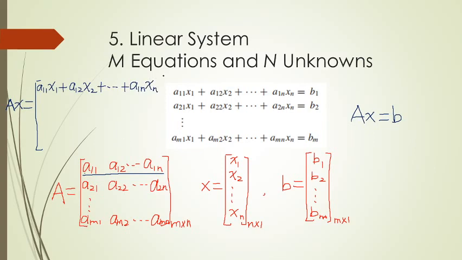Then the second row of coefficient matrix A times the unknowns x. So that becomes the second equation because the second row shows the coefficients for the second equation. So that becomes A21x1 plus A22x2 plus A2nxn.